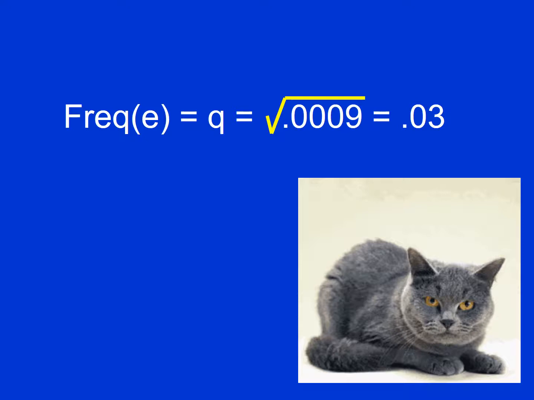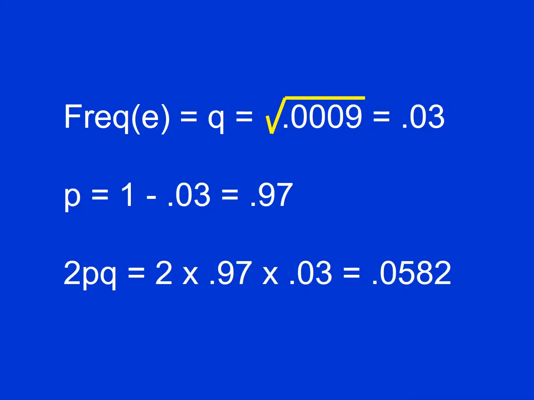So the frequency of that red allele in our population is Q. It's the square root of 0.0009, or 0.03 or 3%. 3% frequency of that red allele in our population. We know that P equals 1 minus Q. So the frequency of our black allele then is 97%.